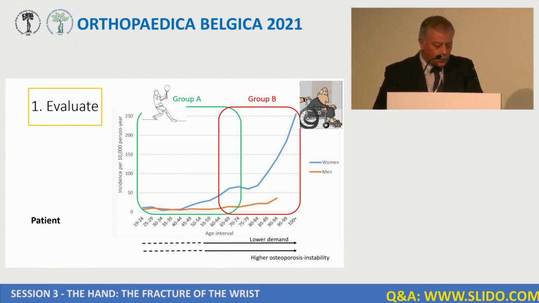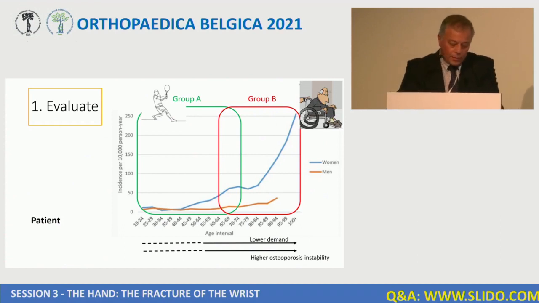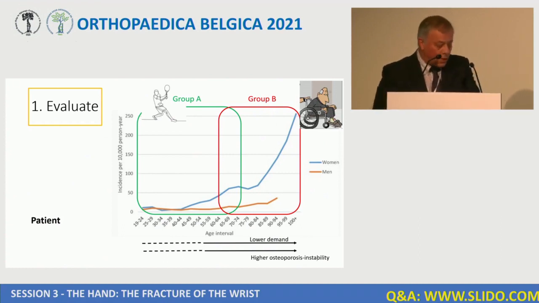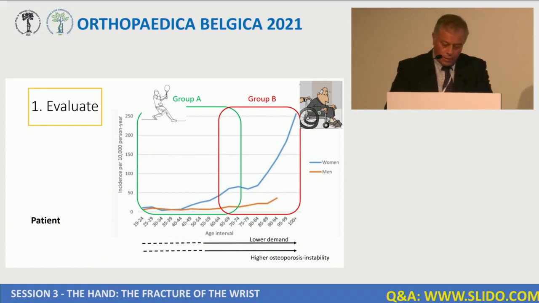All those patients can very schematically be divided into two groups: a group A of young patients, usually under 55 or 60 years old, with high functional demands, and a group B of older patients with limited functional demands. It's a medical art to understand the physiological state of each patient and their actual functional needs, because there is a large intersection between the two groups.